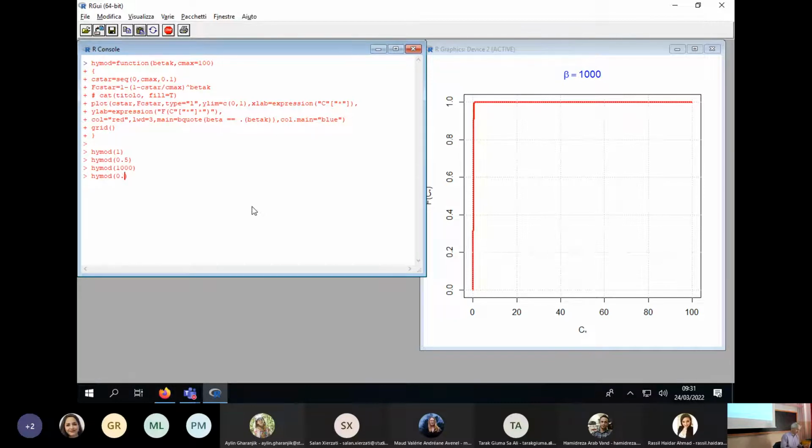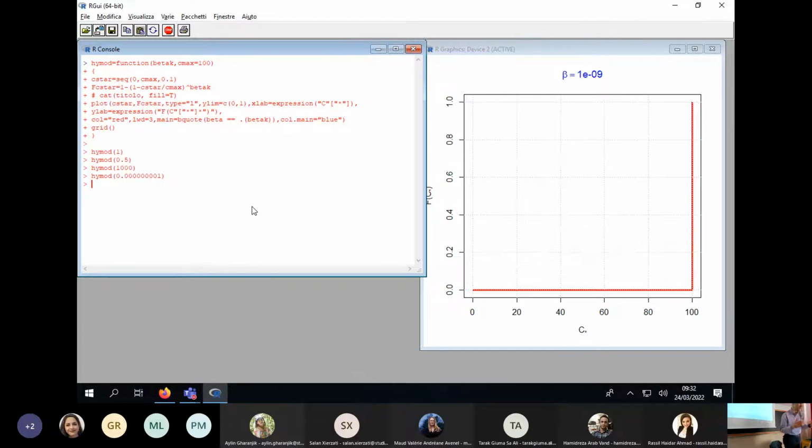And then if I put the beta very close to 0, you see that even for increasing C star, the fraction of the catchment that has a lower water storage is 0, which means that everywhere I have a higher water storage, the catchment is very water retaining. And then, of course, when I get to Cmax, it goes to 1.